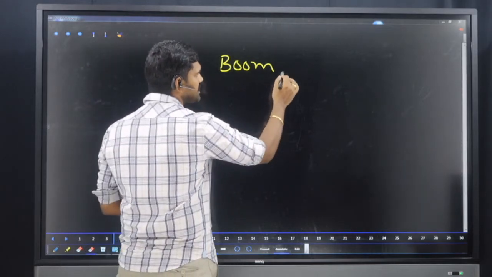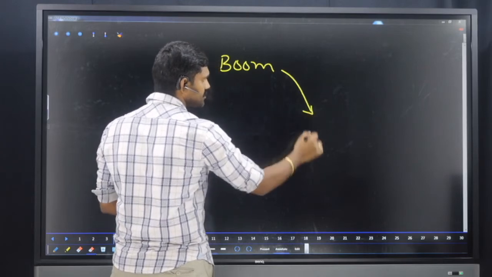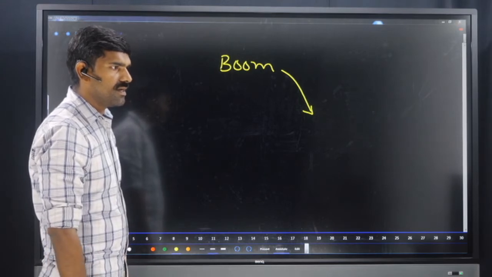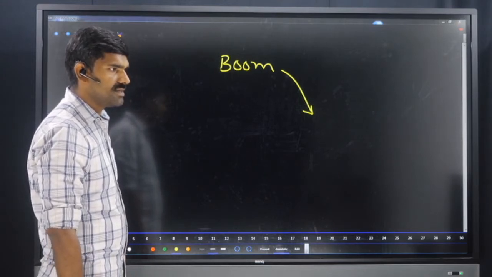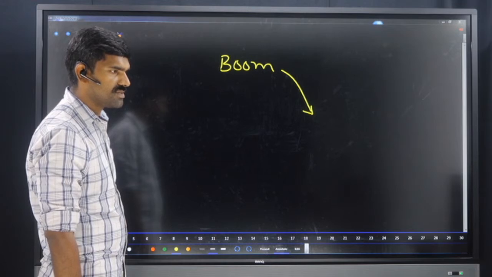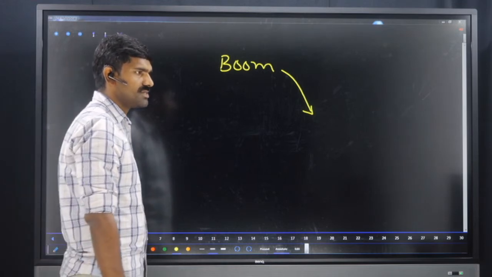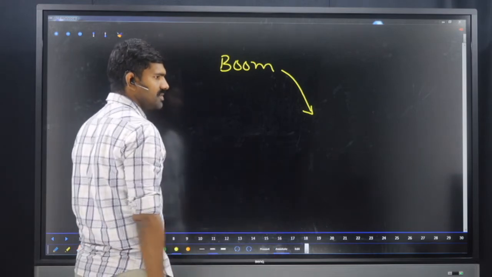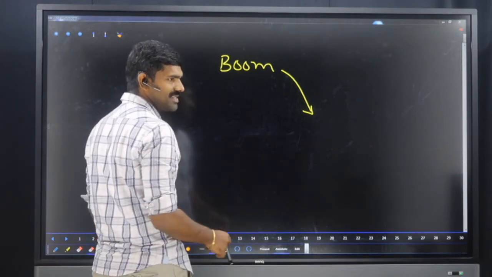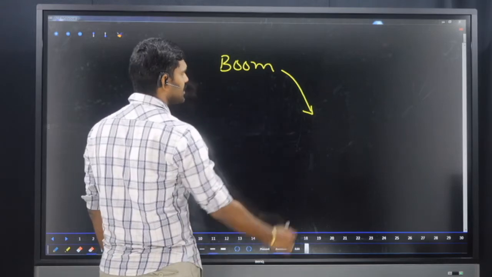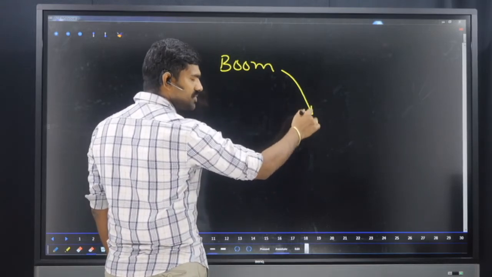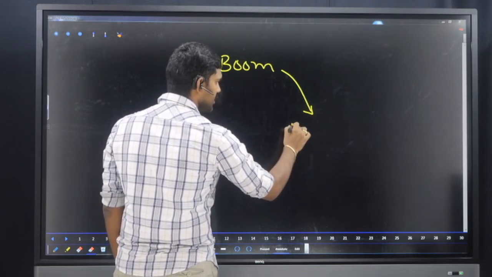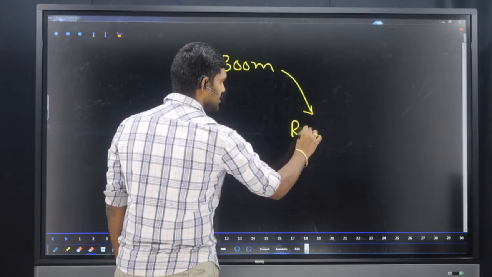Now, if some disturbance happens to the boom, it will result in something called a recession.